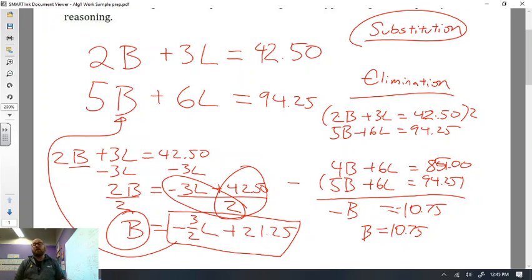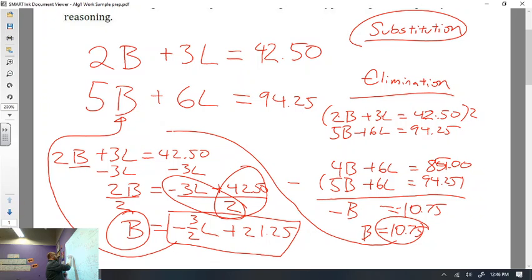Now that I know how much a bag of Brutus Bites is, I can plug it in, solve to see how much a Lucky Lick is, right? I just take this b, put it into any of these equations where there's a b, and that will give me my answer. I will now know how much a bag of Brutus Bites costs and how much a bag of Lucky Licks costs.